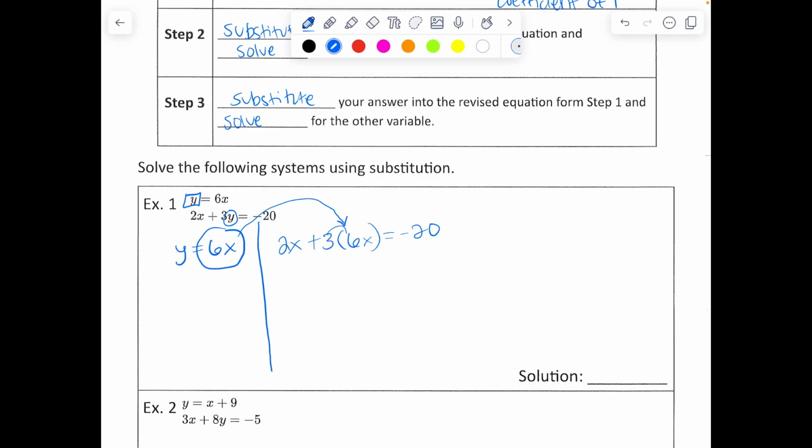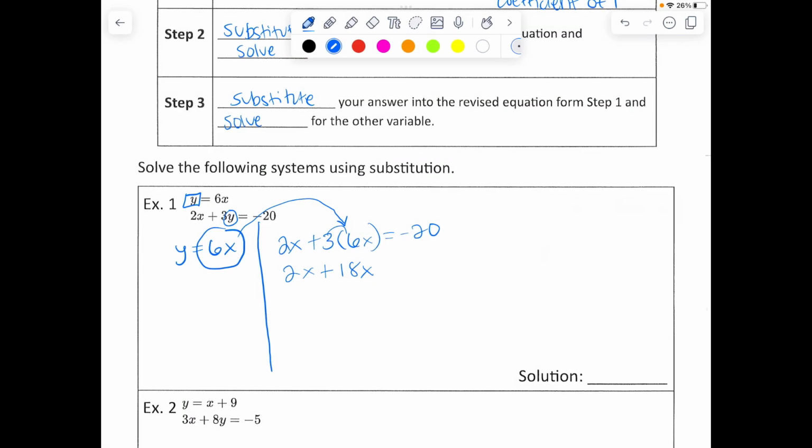Now I can go ahead and solve this for x. First I distribute, this becomes 2x plus 18x equals negative 20. I combine like terms. I divide by 20 on both sides, and this becomes x equals negative 1. So that's step 2.